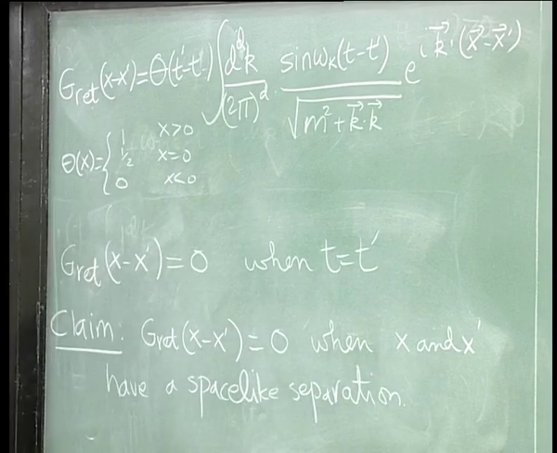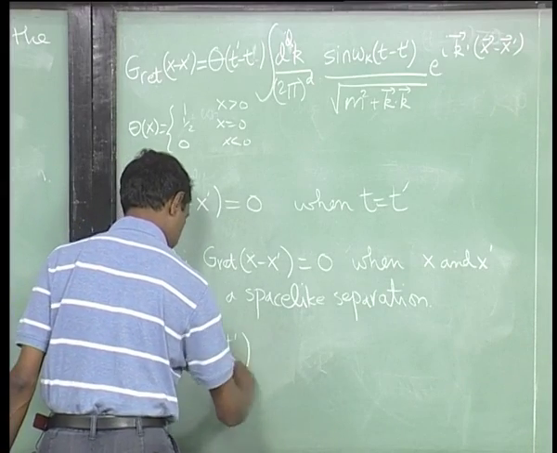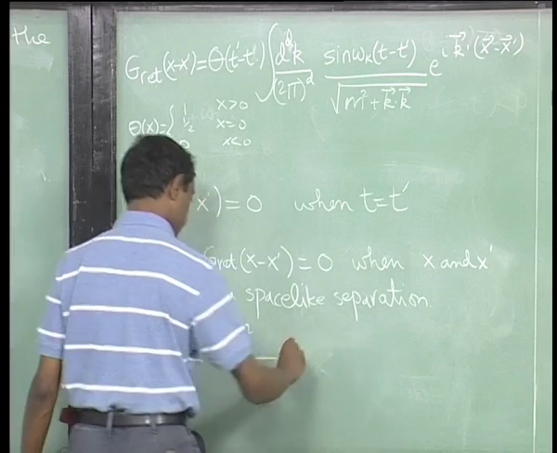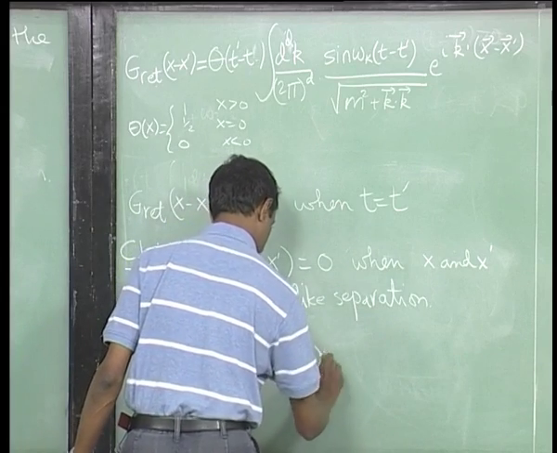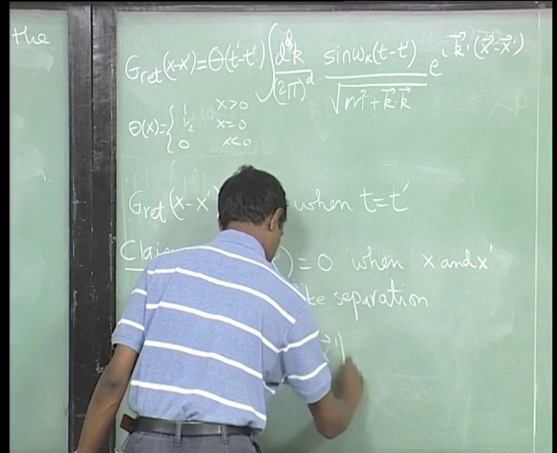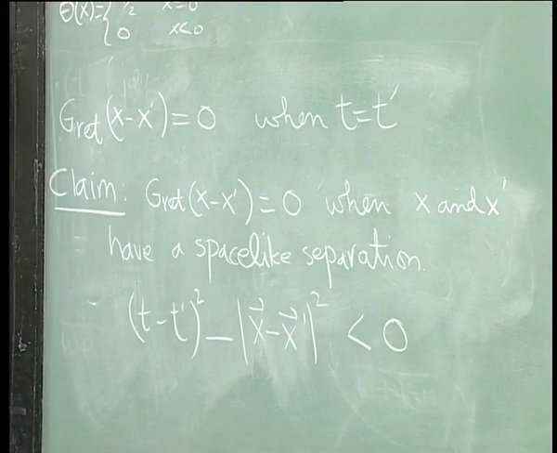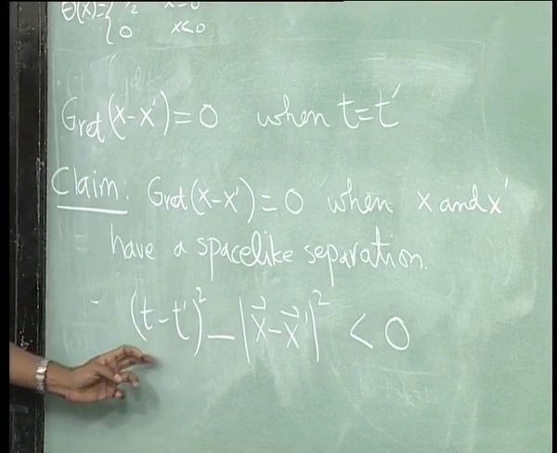Okay, we say that a separation is space-like if this combination, that is (t minus t prime) squared minus the spatial separation squared, is less than 0, which is satisfied of course when t equals t prime.